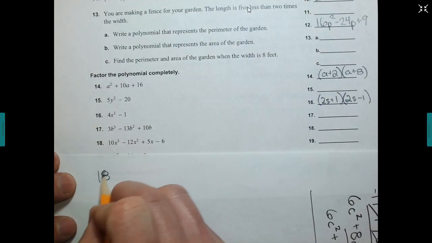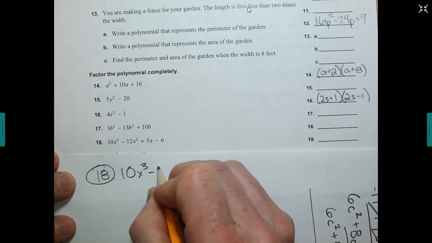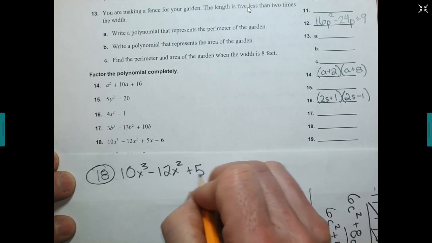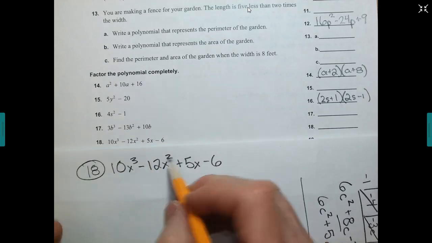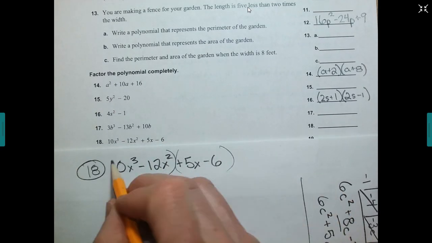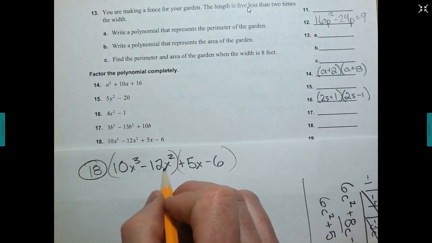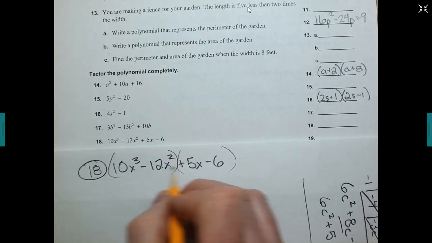18. All right. So this is, we have a polynomial with 4 numbers. And so what we're going to do is we are going to group them into pairs. So this, we've got, they both have x squared and they both have 2.